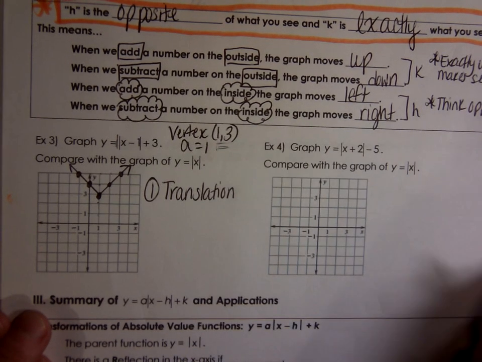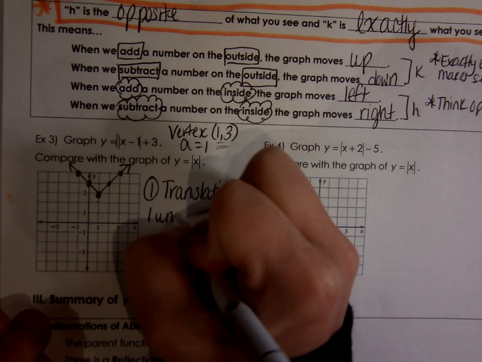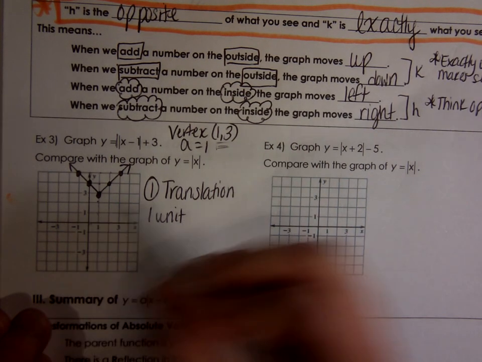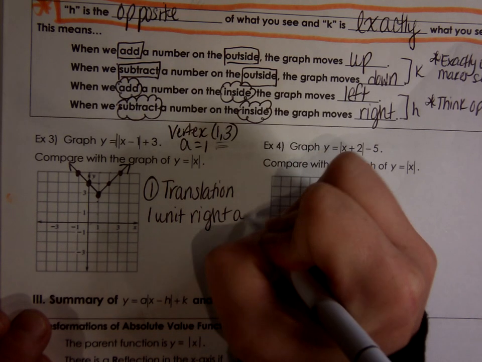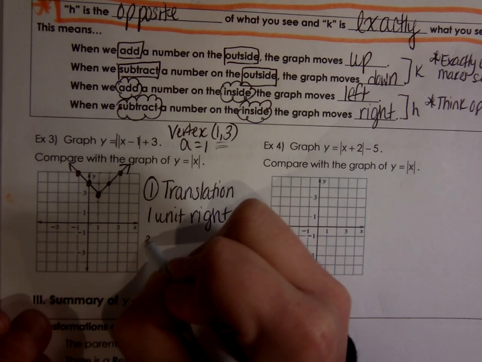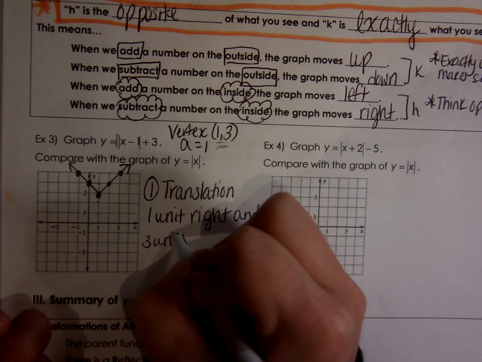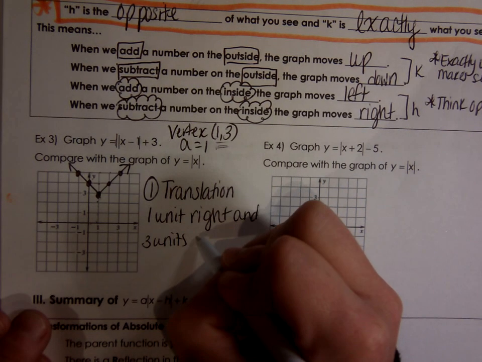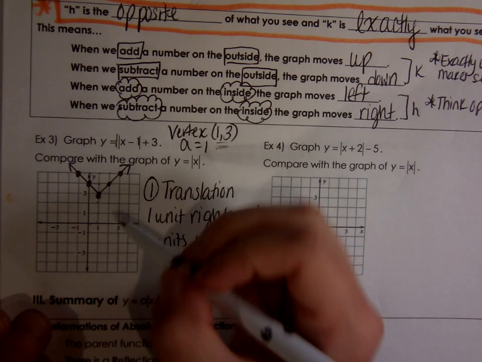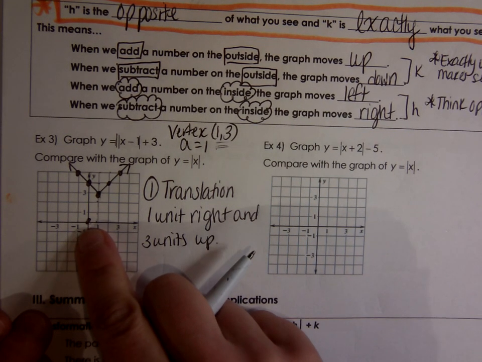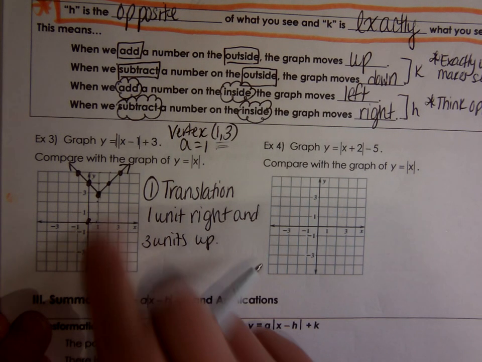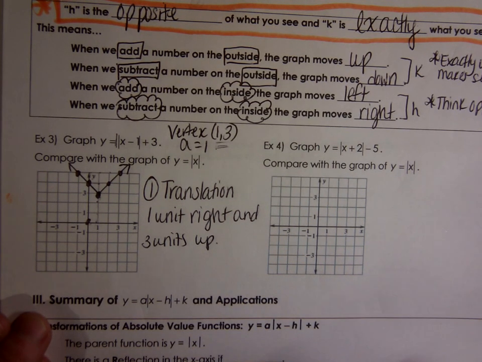It moved 1 unit right, and 3 units up. I'm comparing it to where the parent function was supposed to be. The original vertex was supposed to be at (0, 0). So I'm just talking about how it translated. That is it. That's our only transformation.